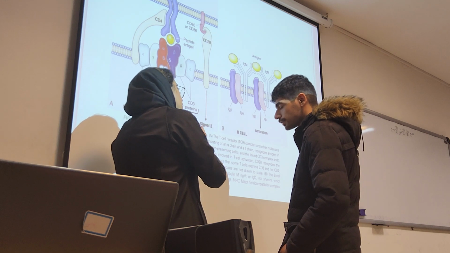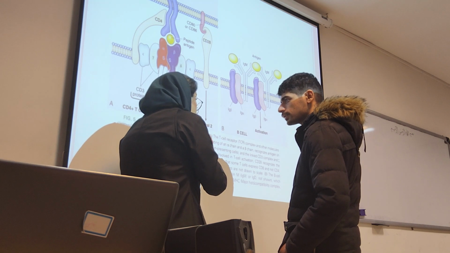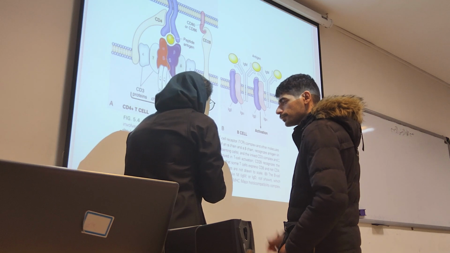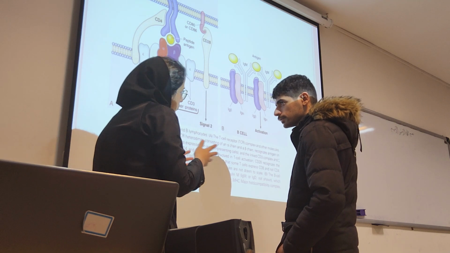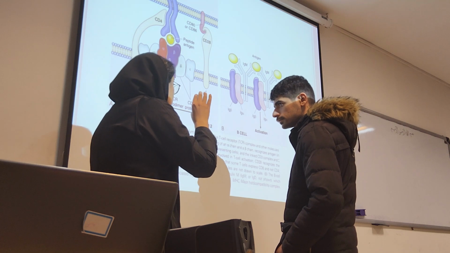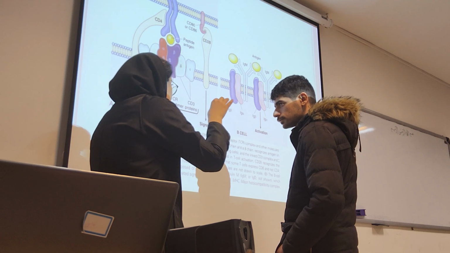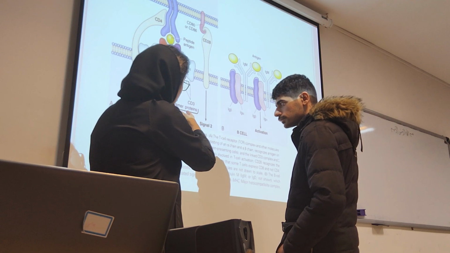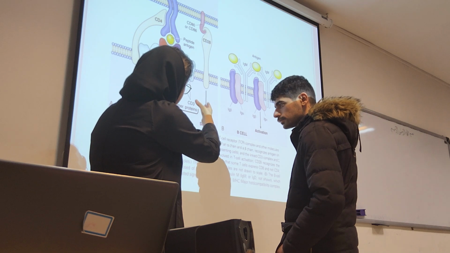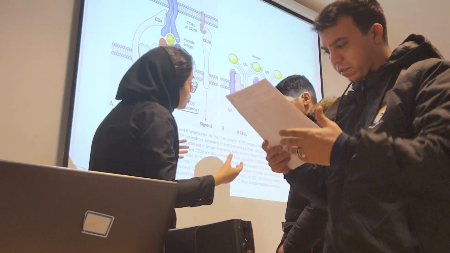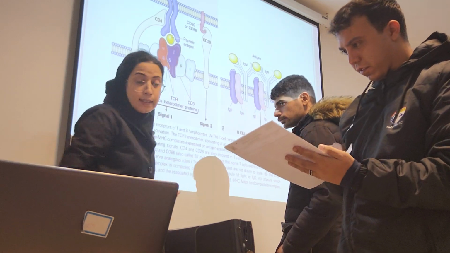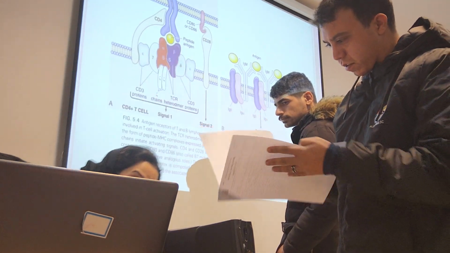Twist and STAT? I don't know the exact genes, but I know that what they do is translation of genes and production of cytokines.